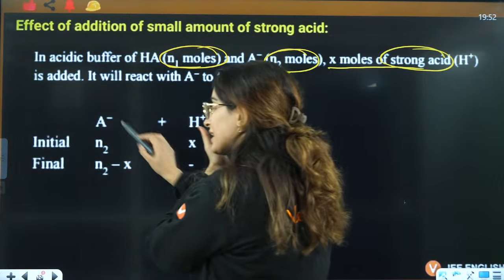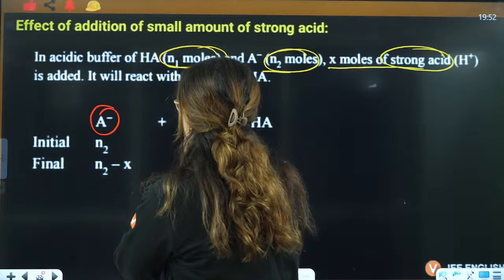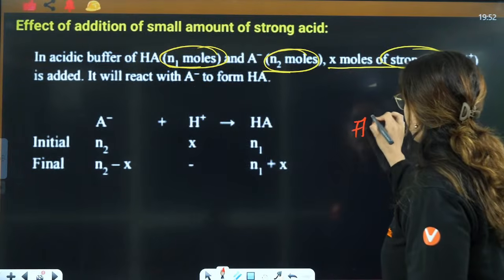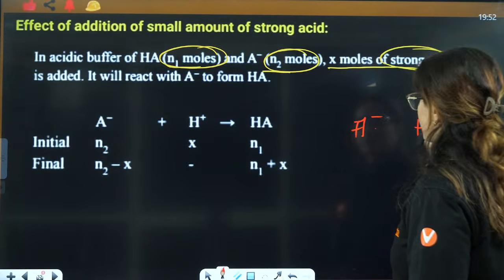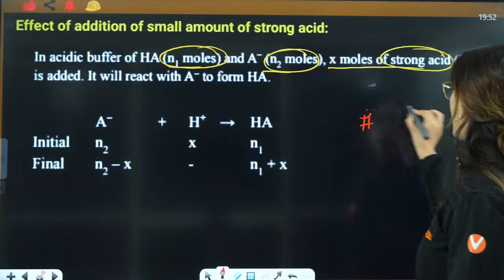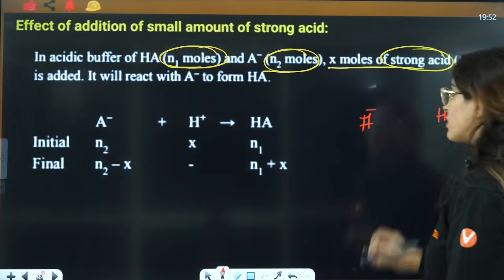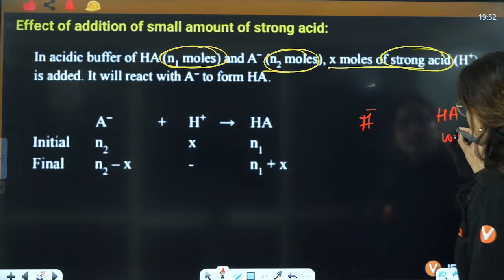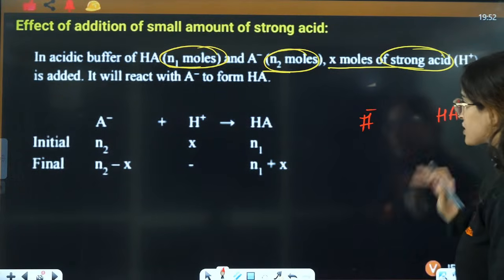So you have A negative, you have HA already, right? This is a weak acid, that is why dissociation will be less.